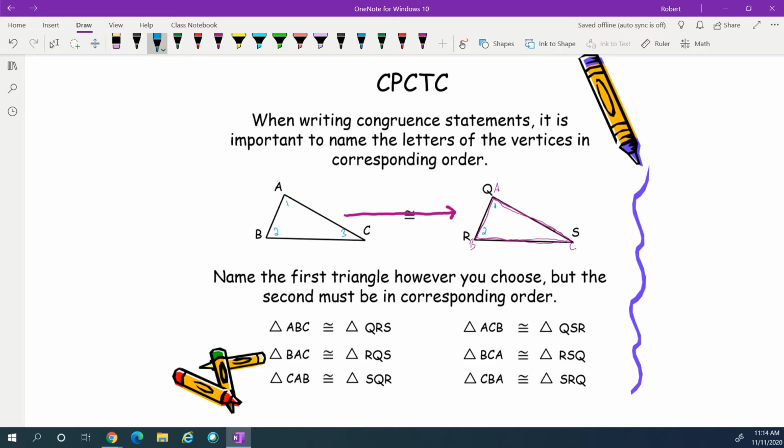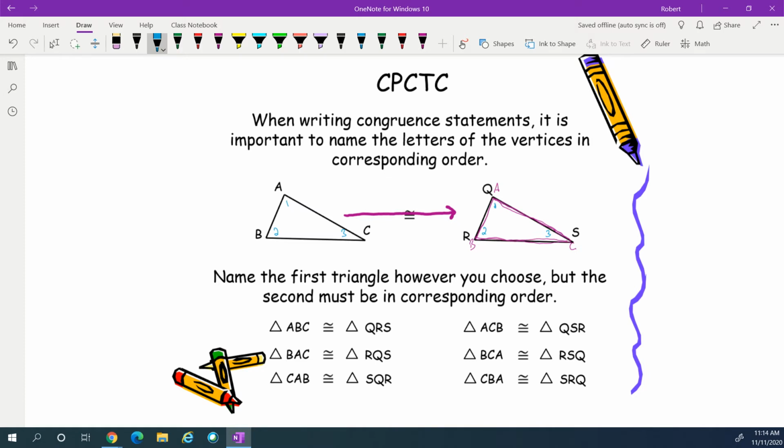And C will correspond with S. So I'm going to call that corner 3. Again, keeping it very simple with just a translation here. So now I can name the first triangle however I want, but I have to match the corresponding order when I name the second triangle.